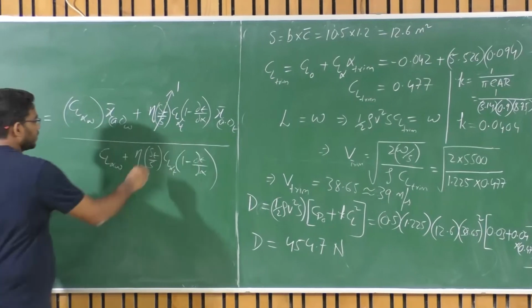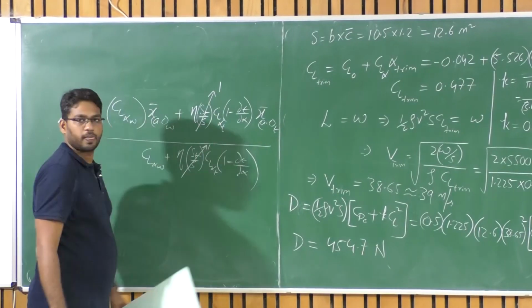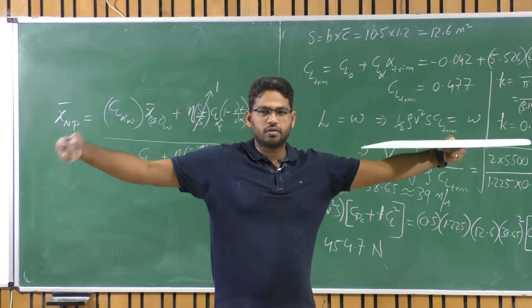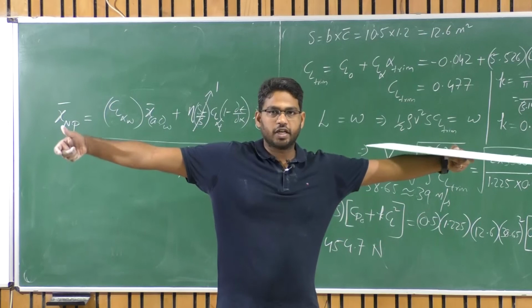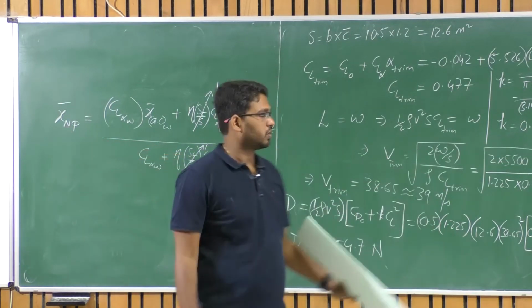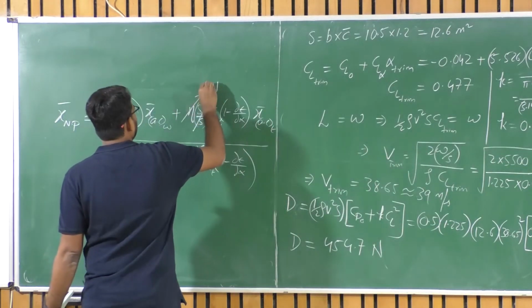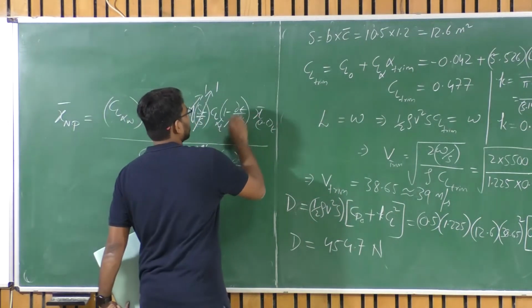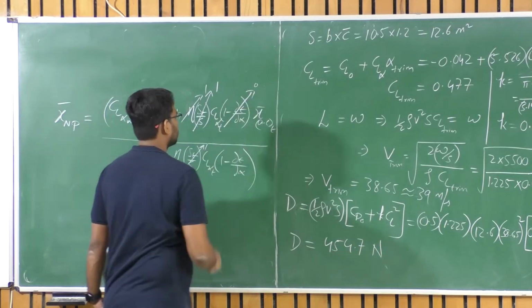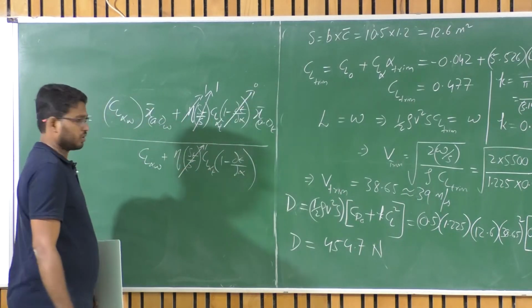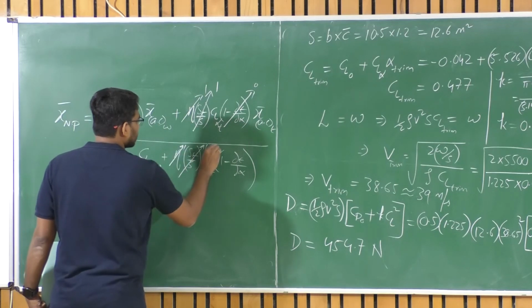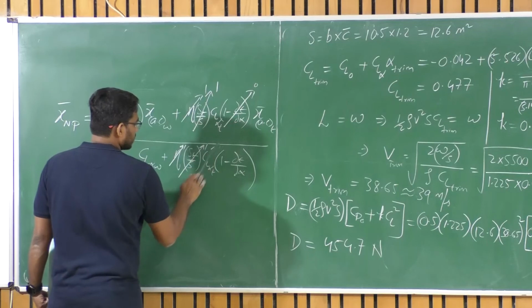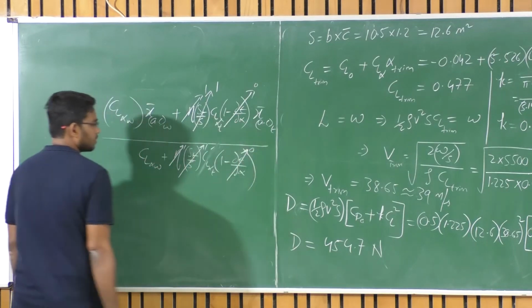Further, I assume there is no downwash effect, as it is separated by a very large distance. That means eta is 1, because half rho V prime square will effectively be half rho V square itself. And the epsilon term becomes 0.